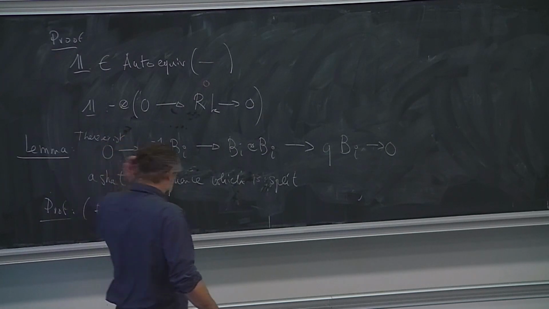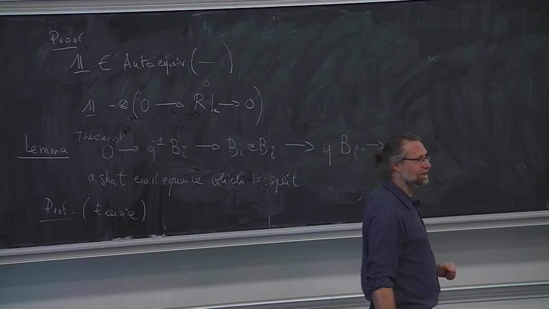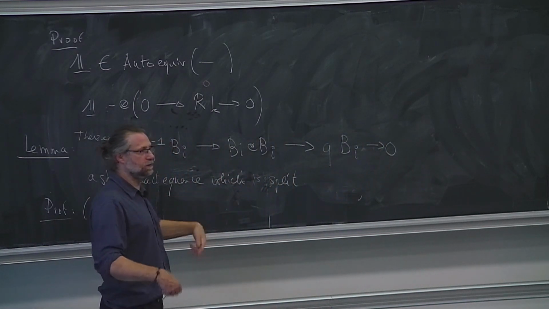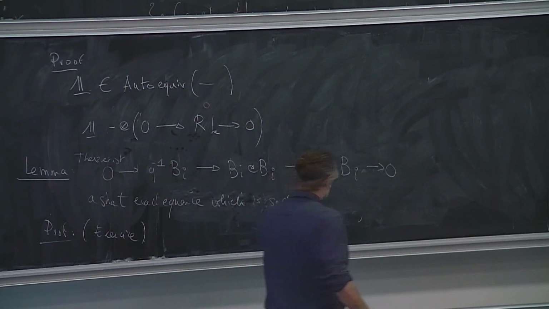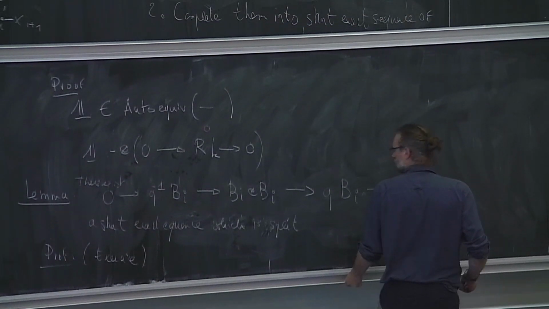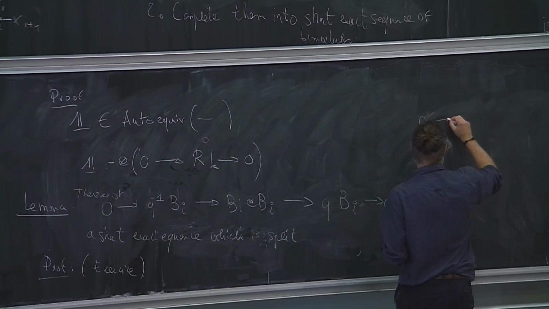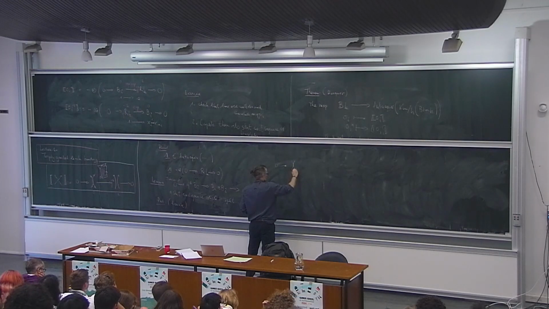Okay, fine. So let's draw a picture for that. Then for this short exact sequence, again I will do pictures, because it's more useful and more convenient most of the time. So this is just BI.